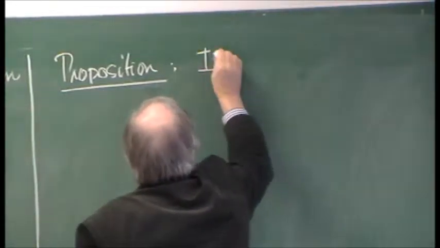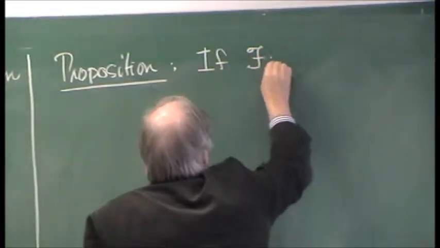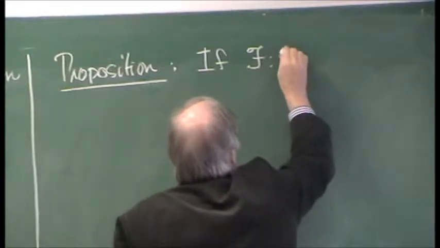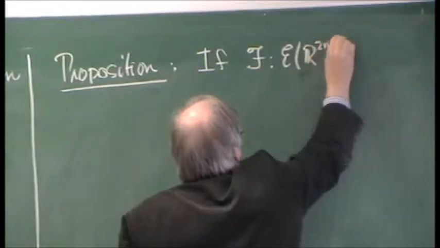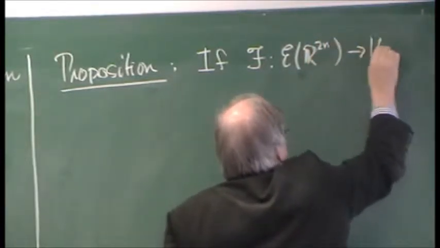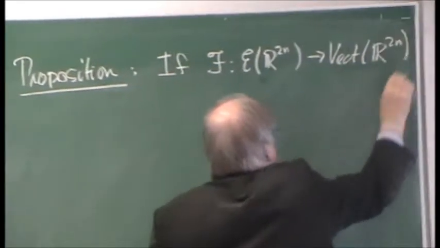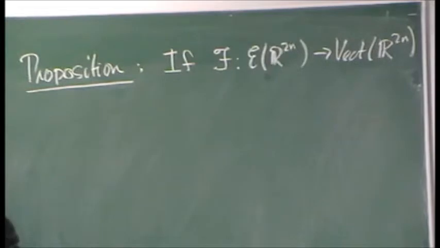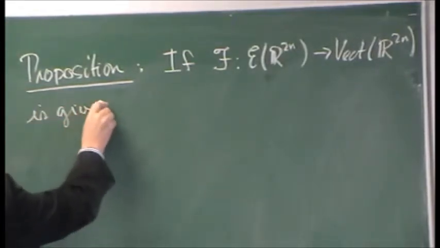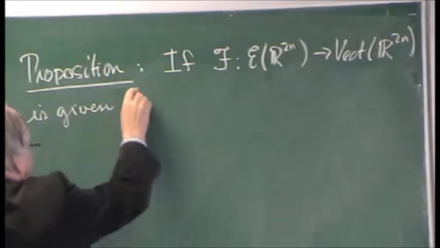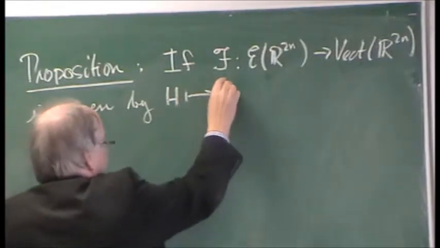If F is the standard mapping from the smooth functions on R2n, now the standard setup, to the vector fields on R2n, is given as usual, just let me remind you, by a Hamiltonian function is mapped to a Hamiltonian field.